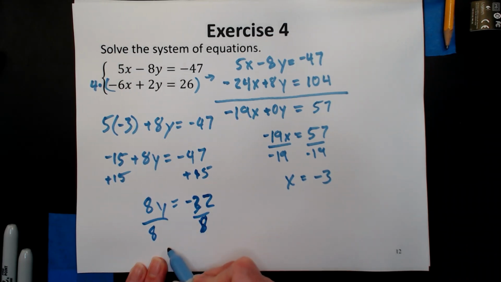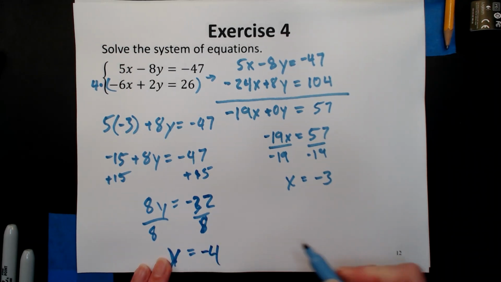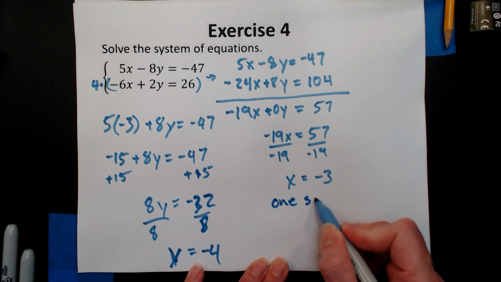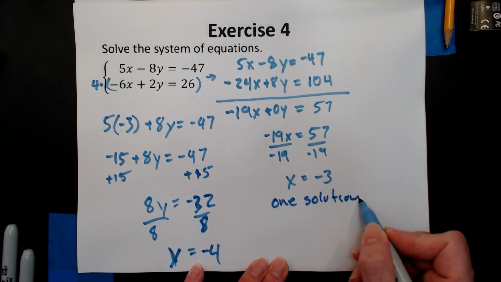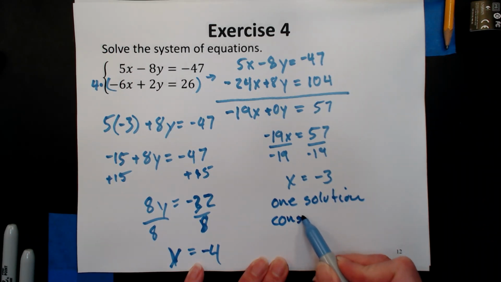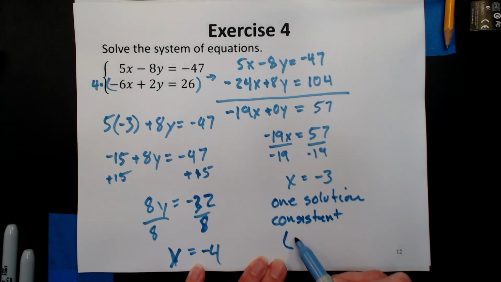And I'm going to get my y value. y is equal to negative 32 over 8, which is going to be negative 4, I'm almost positive. And so now we get that situation where we say it's one solution. One solution is consistent. And its value is going to be negative 3, negative 4.